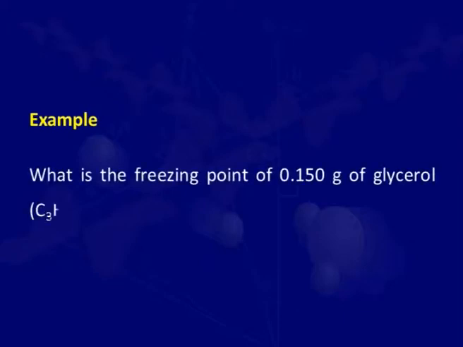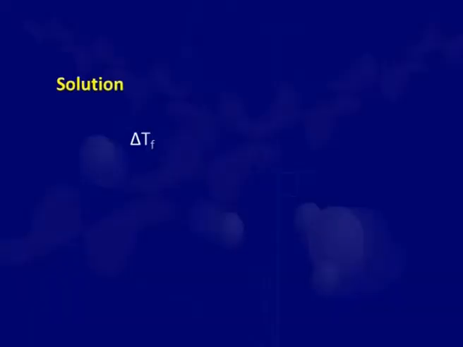There is another example. What is the freezing point of 0.150 grams of glycerol in 20 grams of water? Again, you can use the same expression, delta Tf is equal to Kf into molality.